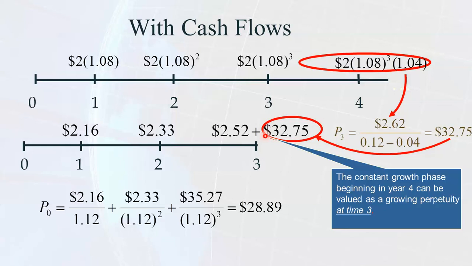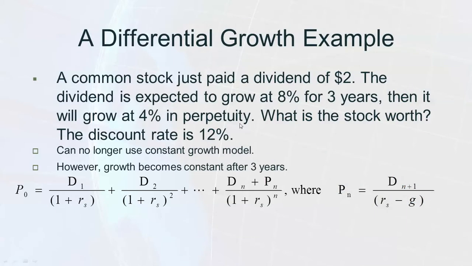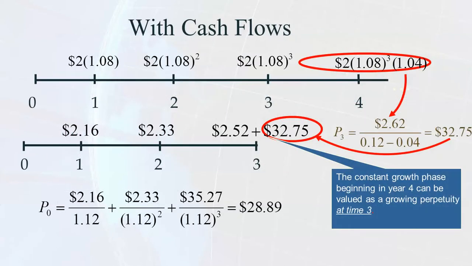Price at year 3 equals dividend at year 4 divided by R minus G. So you have a 12% discount rate and a 4% perpetual growth rate, so 12% minus 4% is 8%.